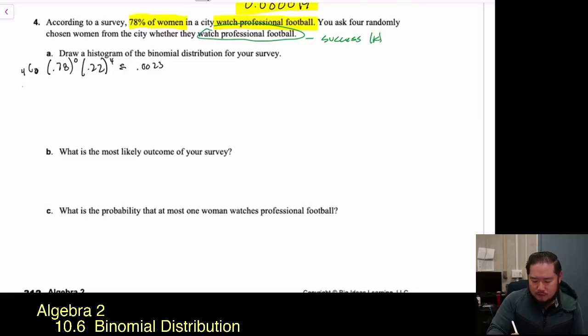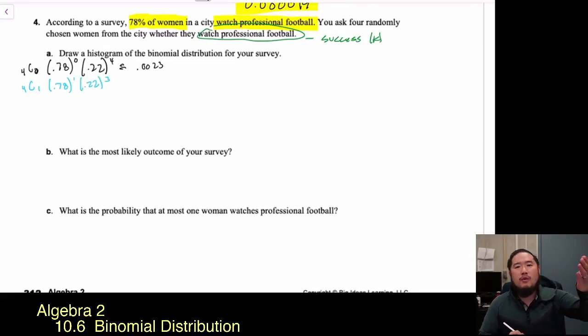Let's say we have 4 women, but this time we have one success. What is the probability of one of those 4 women watching? We have 0.78 raised to the first power and 0.22 raised to the third power, because if one lady is watching, then 3 of the 4 aren't watching.